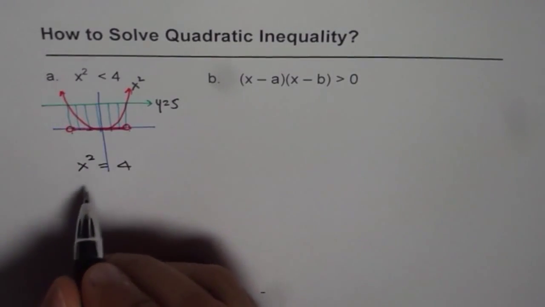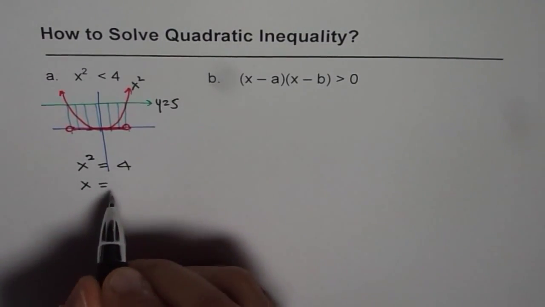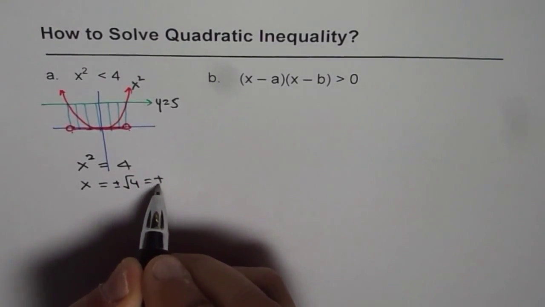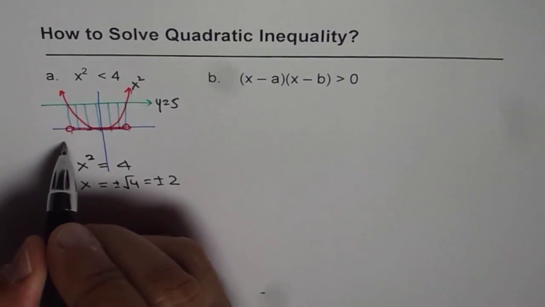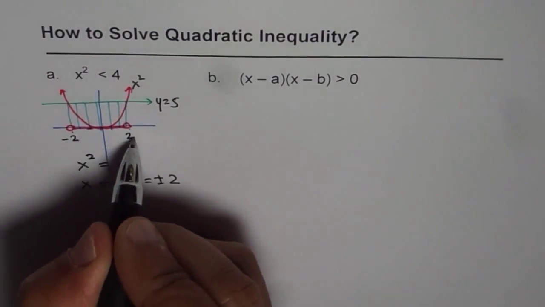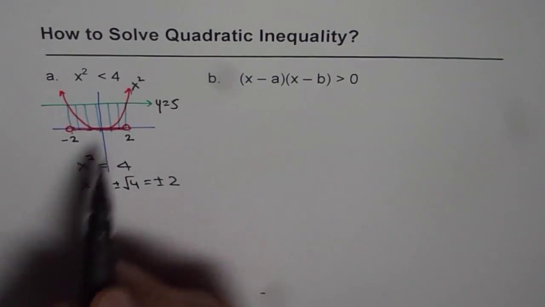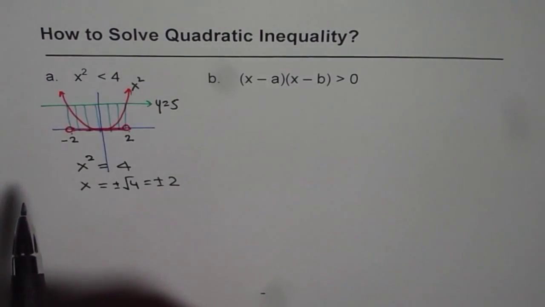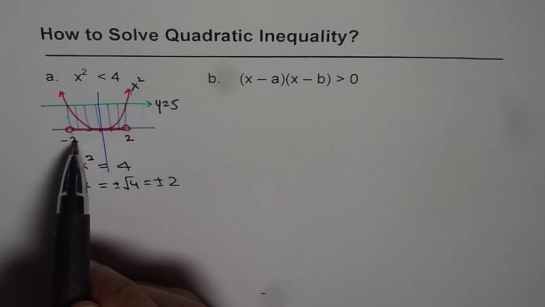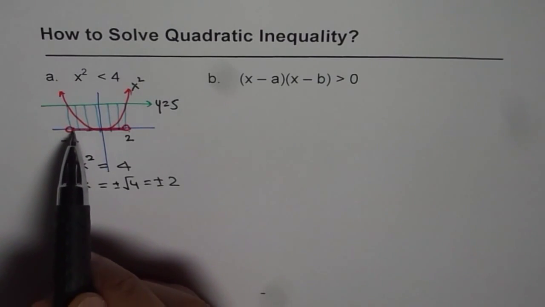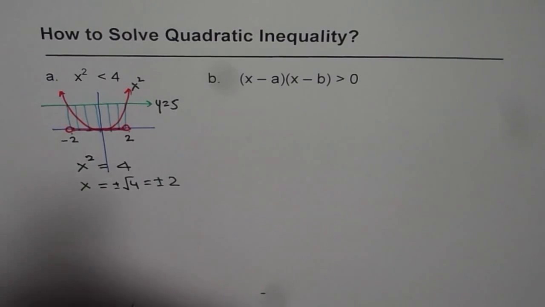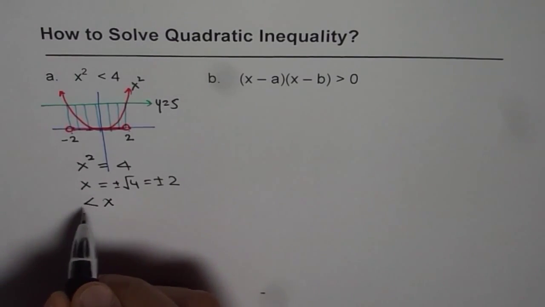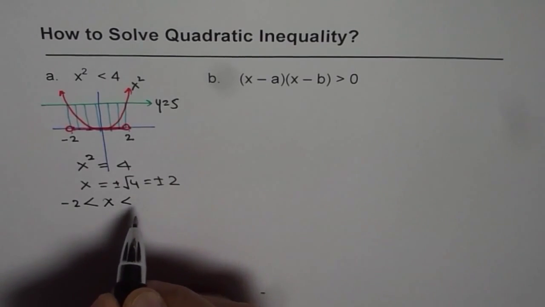Now you know x squared is equal to 4 for x equals plus minus square root of 4, that is plus minus 2. So we get these 2 points as minus 2 and plus 2. As you can see from here, x squared less than 4 is satisfied in the interval between minus 2 and plus 2, and therefore we can write that x is greater than minus 2 and less than plus 2.